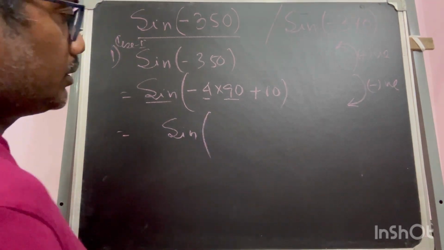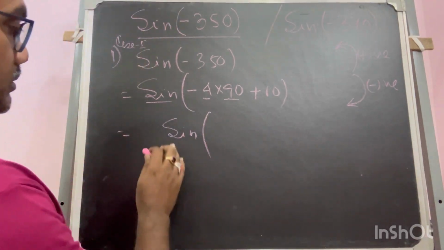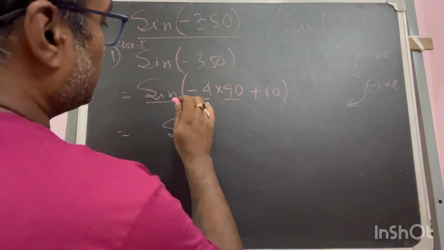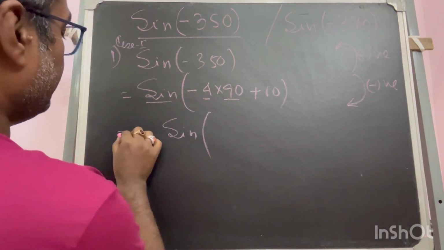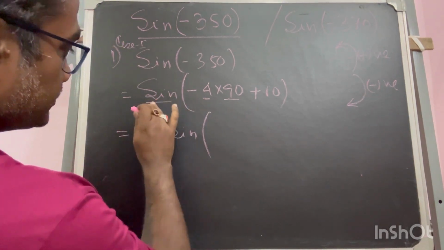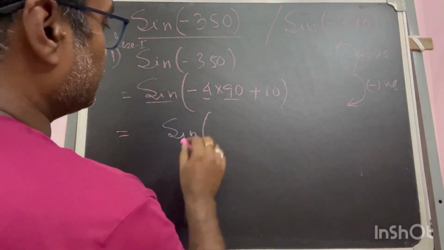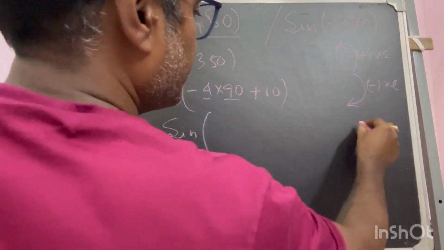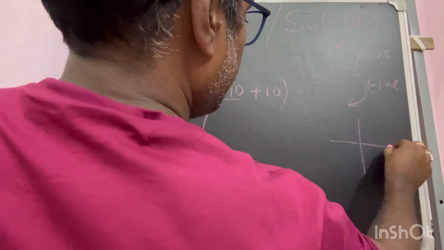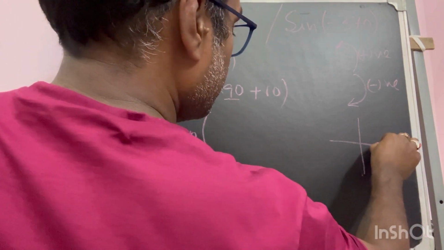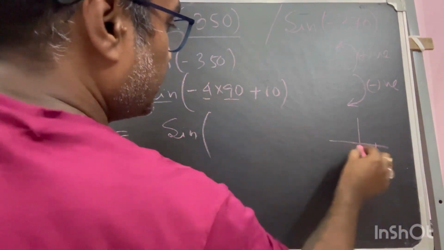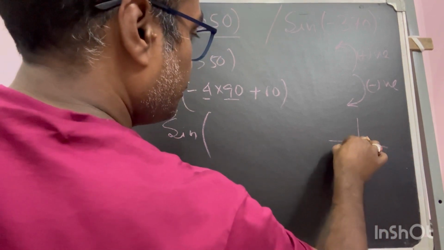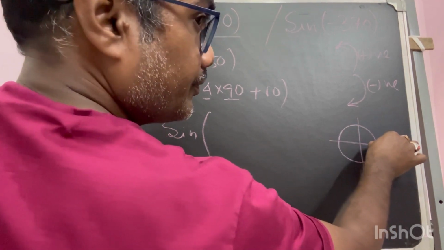Now come to the selection of the sign before the trigonometric ratio. Minus means I am going clockwise. Minus 4 into 90 means clockwise I am rotating up to 360 degree.